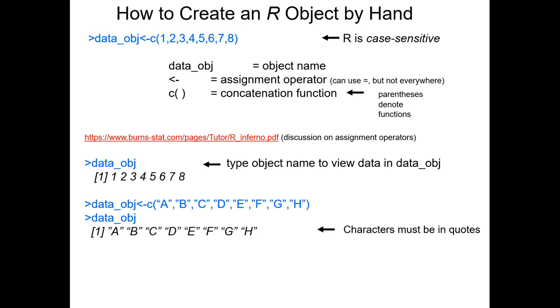And the way to see the information in that data object, you can either just type the data object at the prompt, or you can highlight the name and just run it. And you'll see, as in this example, down below the data object by just typing that.